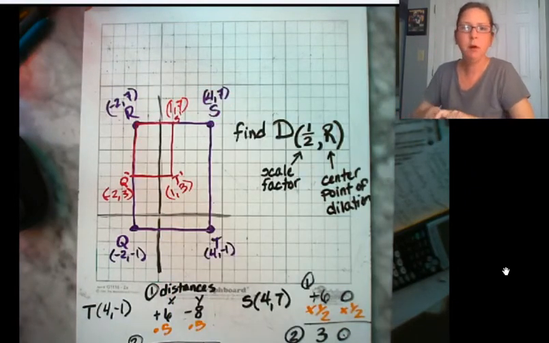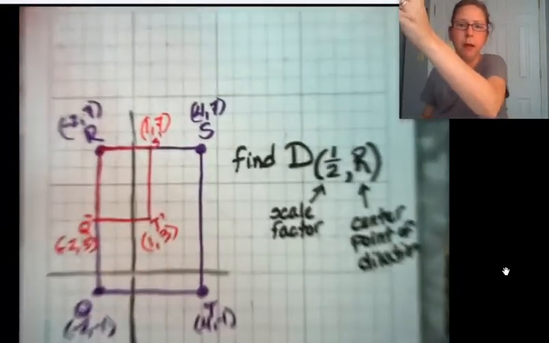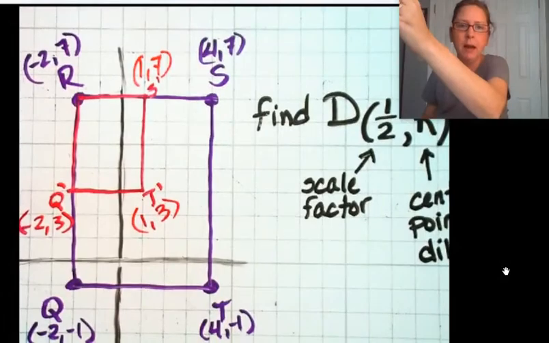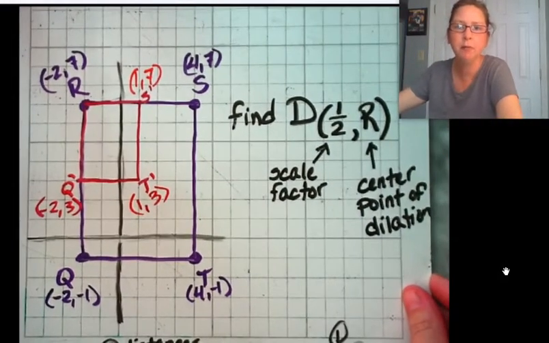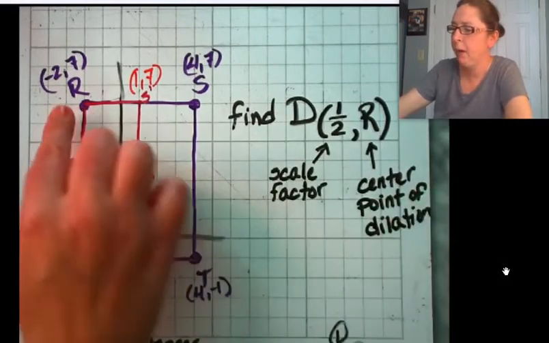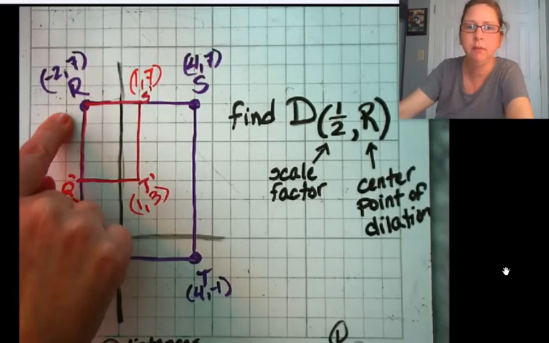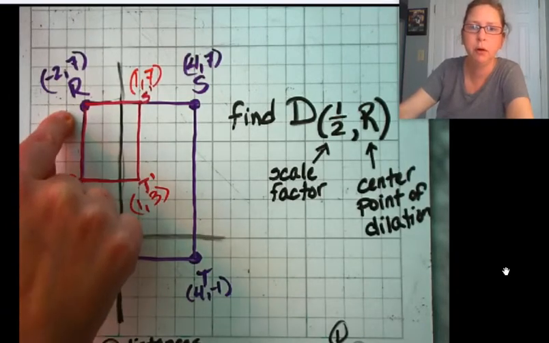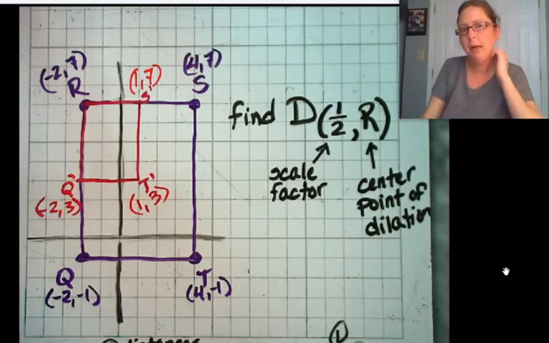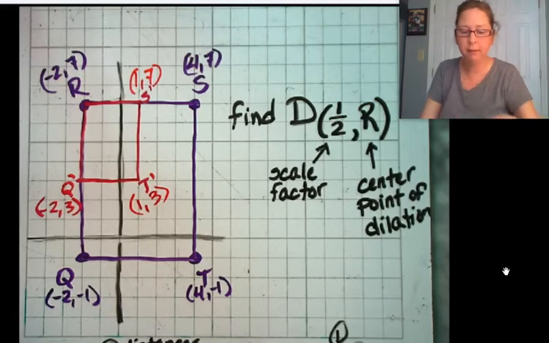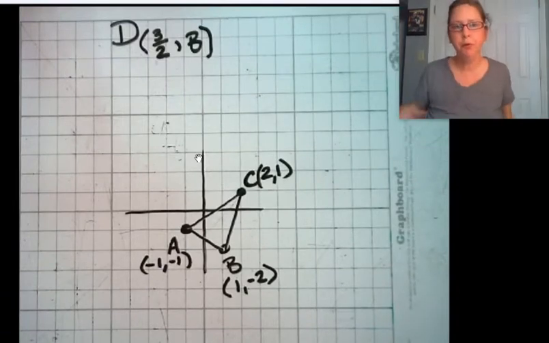And so these are my new ordered pairs for a dilation of 1/2 about point R. Okay, a dilation at center point R with a scale factor of 1/2. Let's go ahead and do another example.